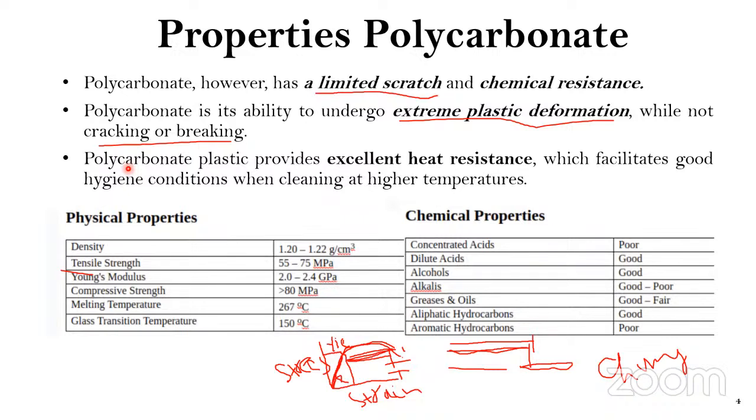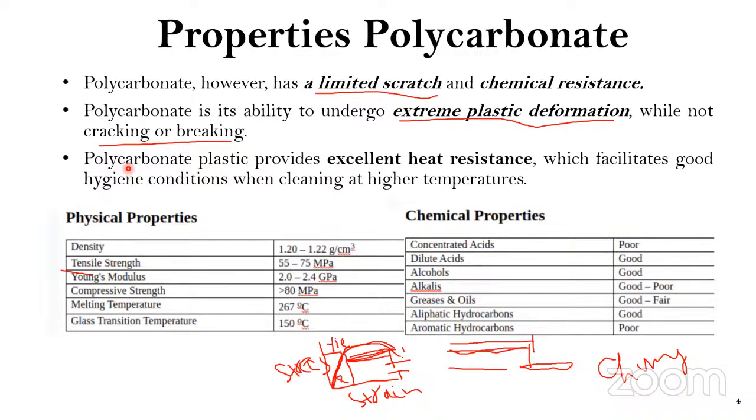That depends upon your scratch resistance. Actually, I have no knowledge, but according to a few of my friends who are working in the automobile industry, they say that as PC is scratch proof, they will mostly go for PC.